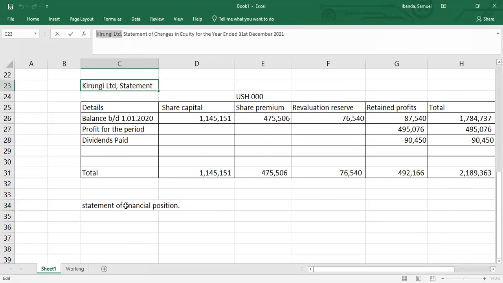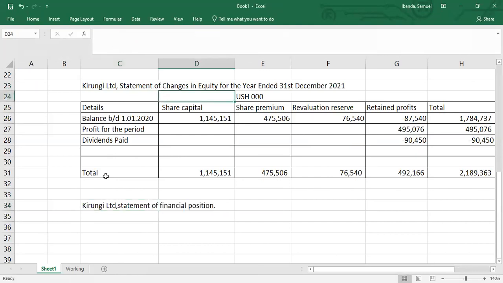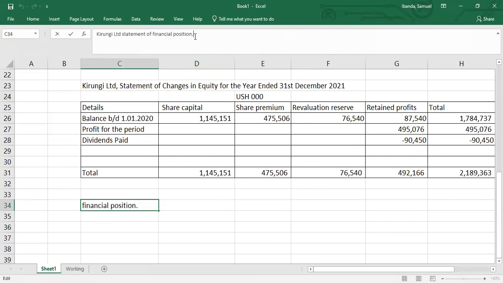of financial position, because the values that you've gotten from your statement of changes in equity are values that you need to be able to use when you're preparing your statement of financial position.